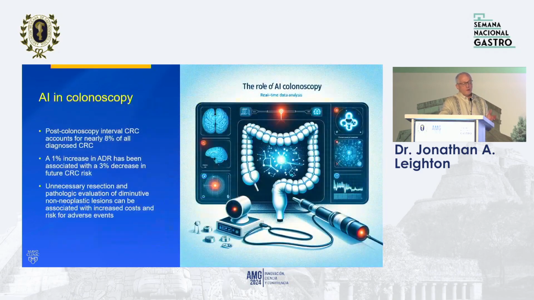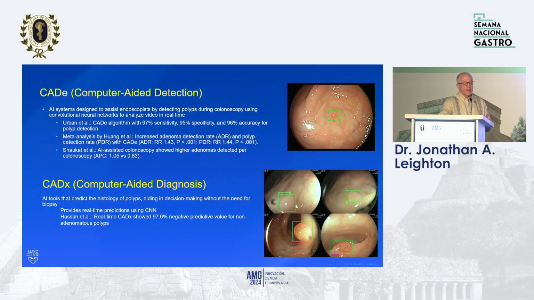And then briefly, artificial intelligence. We all know it has the potential to improve adenoma detection rate, and maybe we will be able to use it to determine whether or not we resect a polyp. There's computer-aided detection, CADe, versus computer-aided diagnosis.